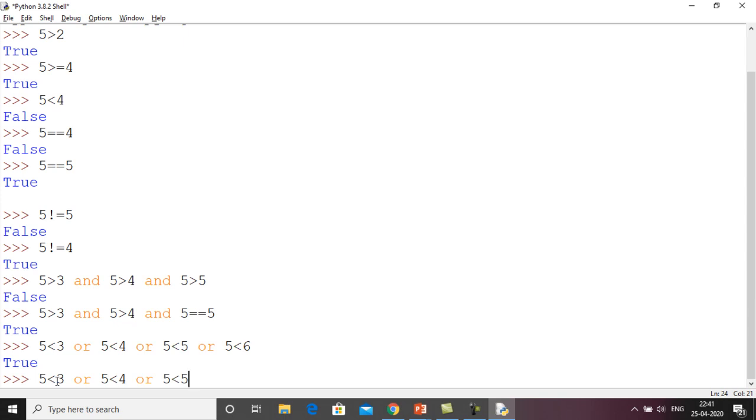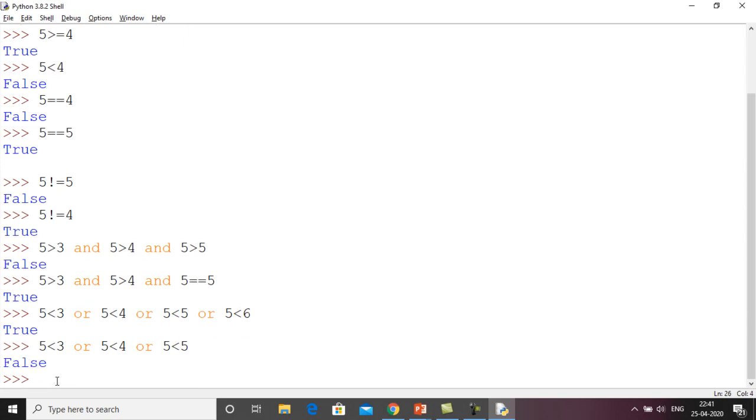Now you can see that all of the conditions are false, so we get the entire result as false. So in case of OR you get the answer as true if at least a single condition is true. But when you get false, it means all the conditions combined with the logical operator OR are false, only then you get the answer as false.